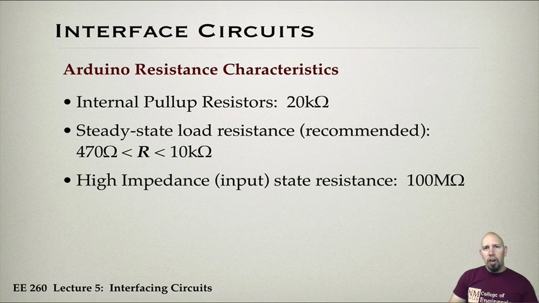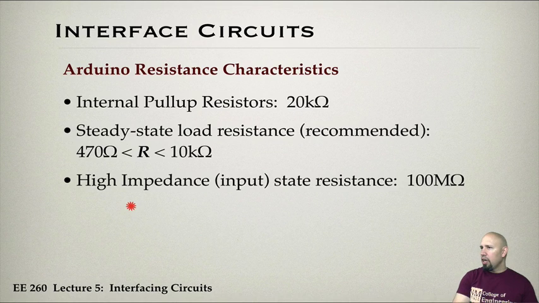When you set the Arduino pin up to be an input pin, it is switched into a mode called high impedance mode, that is high resistance. In that case it actually has a resistance of 100 megaohms, so that's really large. Remember, for circuits, you want a high input impedance and low output impedance.